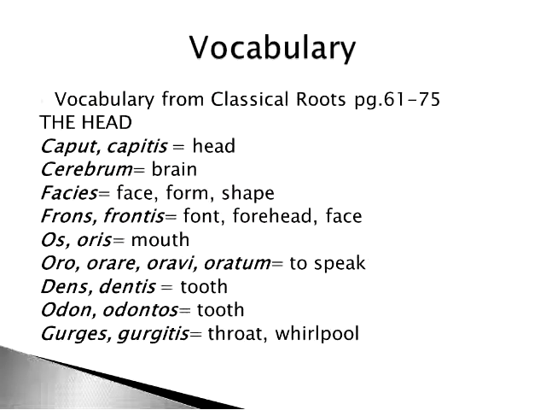Okay, so here's the vocabulary from classical roots. You are given a list from this book right here. You guys have it, right? Pages 61 to 75, you're focusing on these roots, okay? And then you're also focusing on different vocabulary that goes along with the roots. So what I did right now is I just wrote down the list of the ones that you are responsible for knowing.